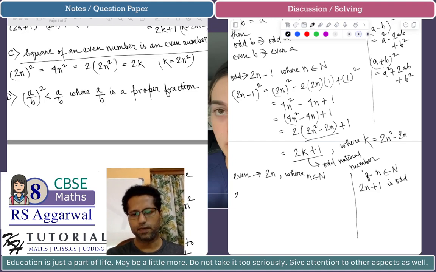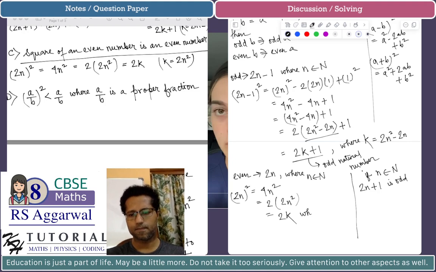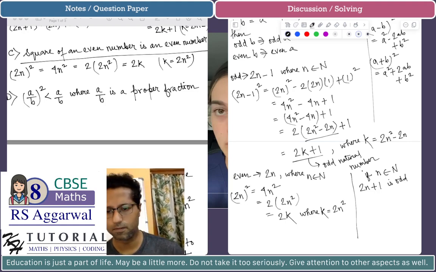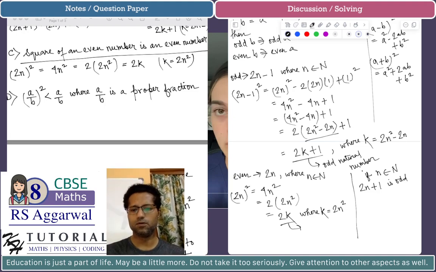Now if you take the square, (2n) square is equal to 4n square. If you take 2 common, I get 2 into 2n square. I can write it in the form 2k, where k is equal to 2n square, and if n is a natural number, then definitely 2n square is also a natural number, and hence this is also an even natural number.